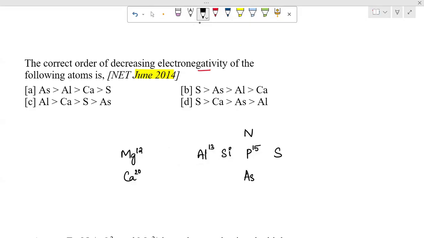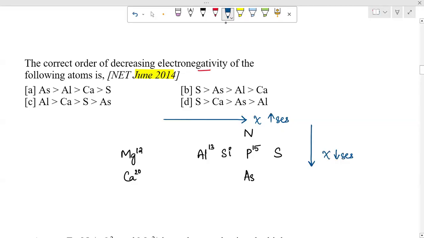Okay. So the question is regarding electronegativity. What is the general trend? The general trend is as we move from left to right, electronegativity increases. And as we move from top to bottom, electronegativity decreases. Correct.